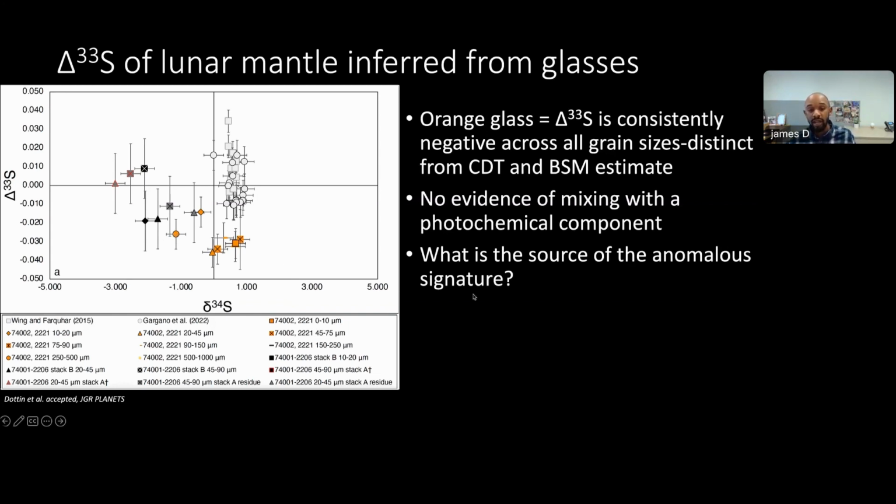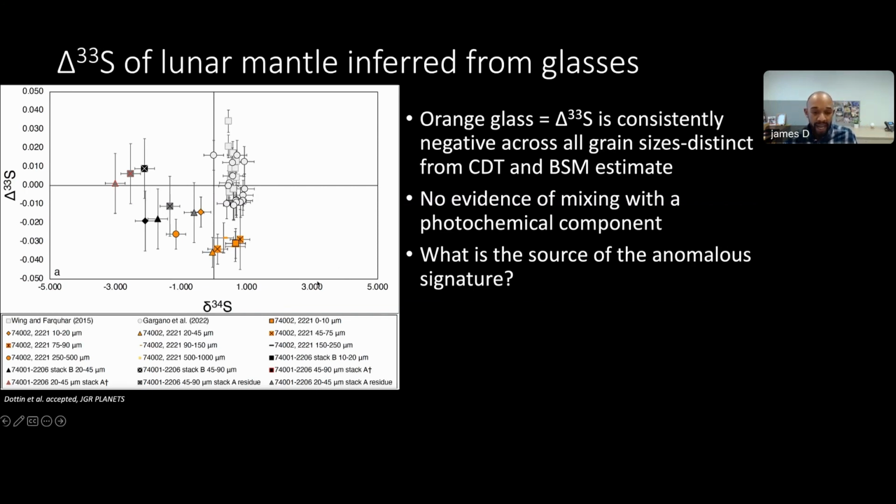And so, considering that we have a relatively consistent cap delta 33S composition across all grain sizes that is distinct from the origin, which we established as 0 from Canyon Diablo troilite, and it's distinct from the bulk silicate moon estimate from lunar basalts, this is an indication that we don't necessarily have evidence of mixing with a photochemical component, in the same way we see mixing with the lunar soils, where we saw a negative correlation between the delta 34S values, cap delta 33S, and grain size.